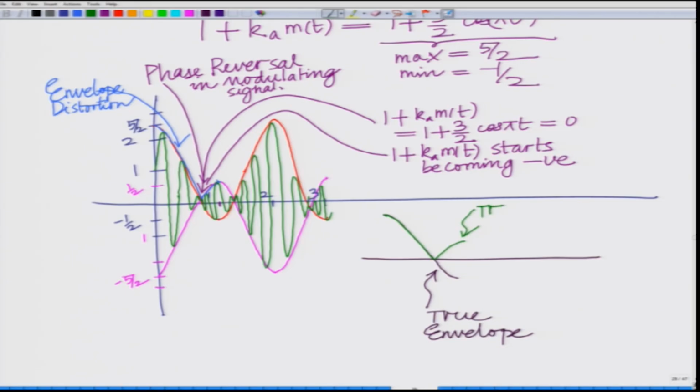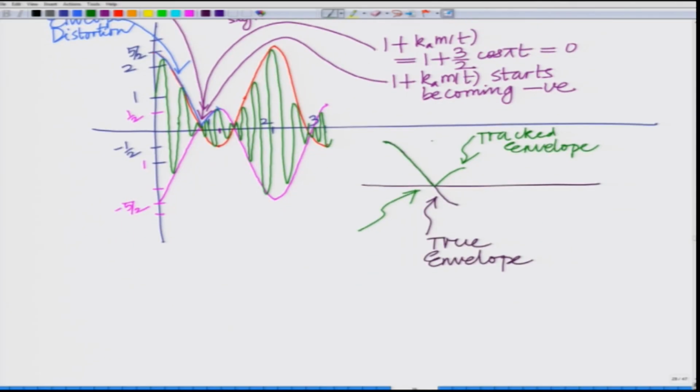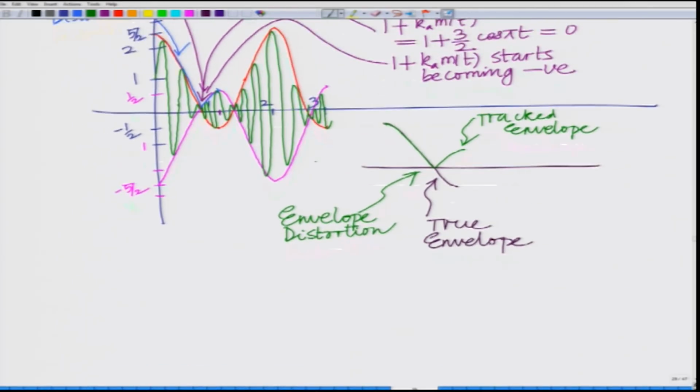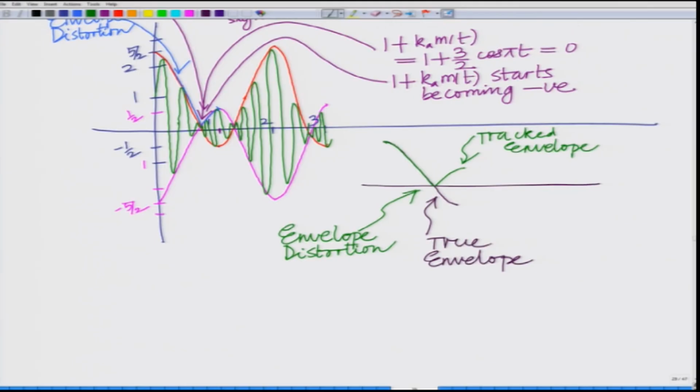This is your tracked envelope, and this leads to envelope distortion, because the signal undergoes a phase reversal, correct.